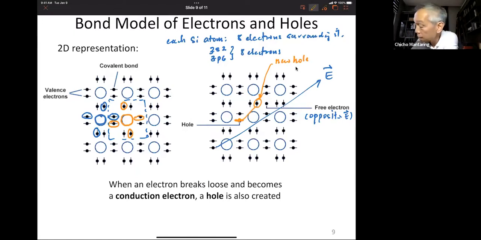So you notice that the free electron here will go opposite E. The hole that used to be here will now end up here. The hole tends to go in the same direction as E. In other words, your hole acts like a positive charge.